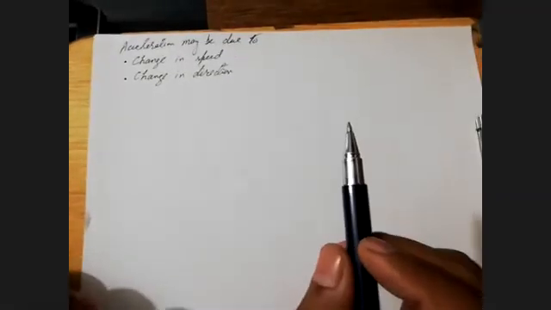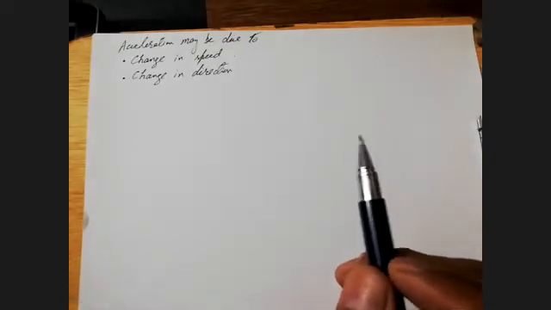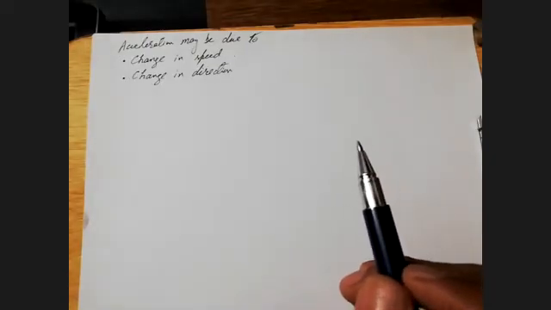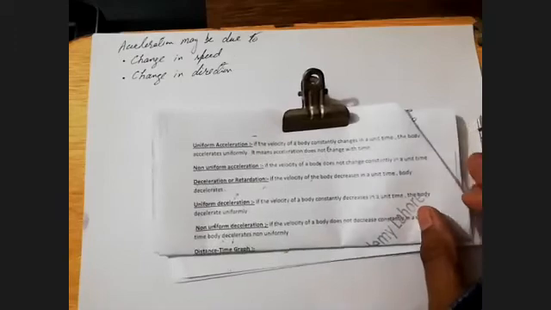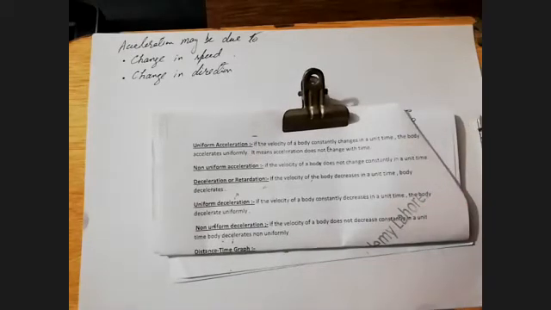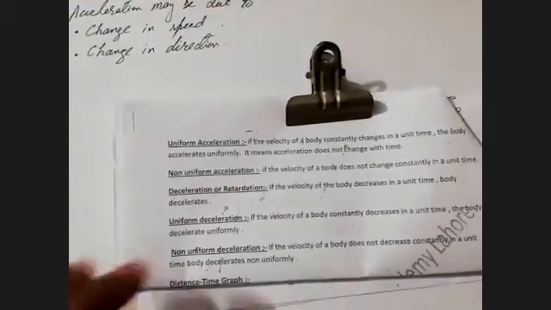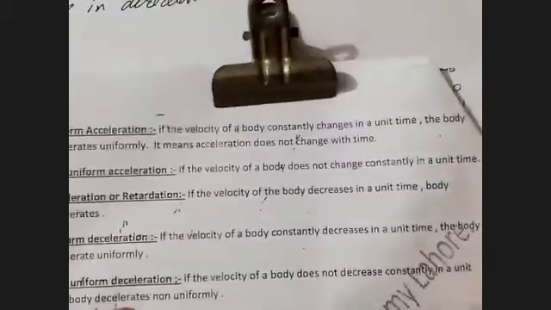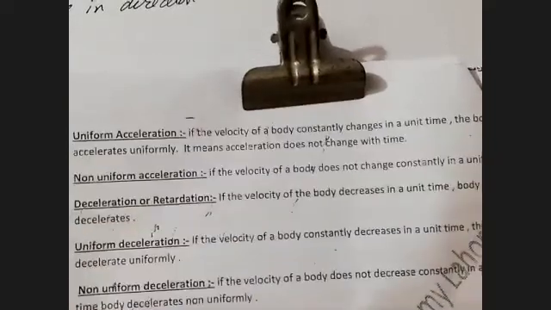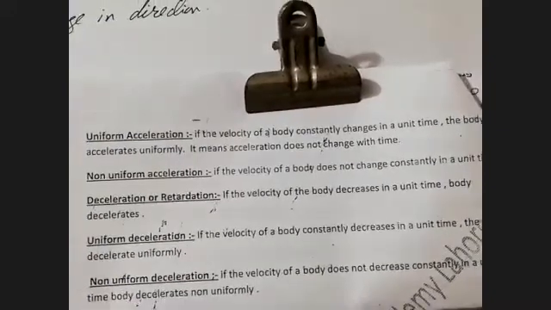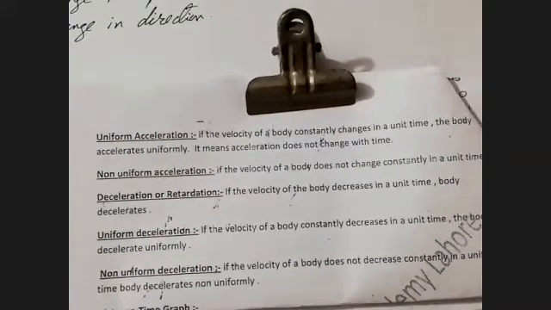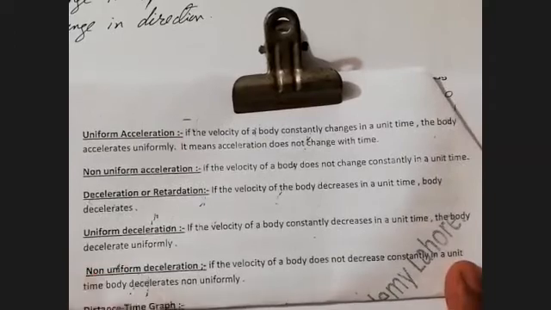As for non-uniform acceleration, if the velocity of the body does not change constantly in a unit time, and for each interval of time the change in velocity is not uniform, then it is called non-uniform acceleration.